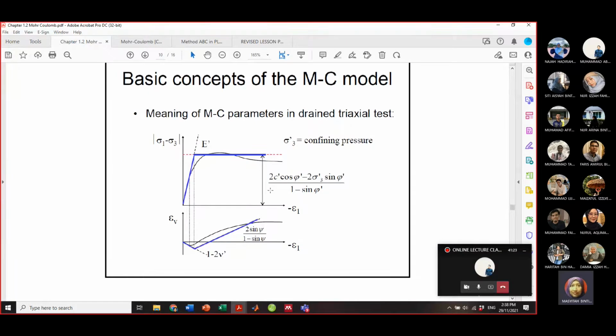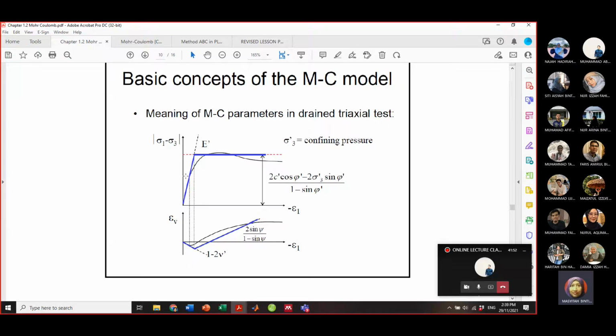Okay, this is how it shows you the MC parameters in the triaxial test. If you want to determine the effective E and the effective Poisson ratio, and how it is derived from the linear elastic perfectly plastic model, the dilatancy angle, and the volumetric change.